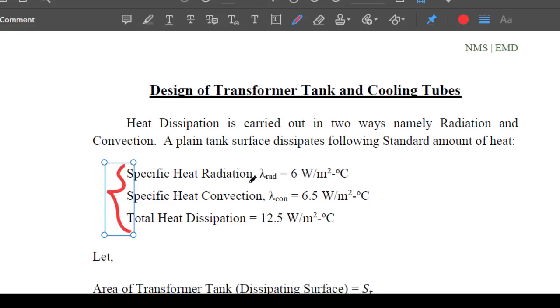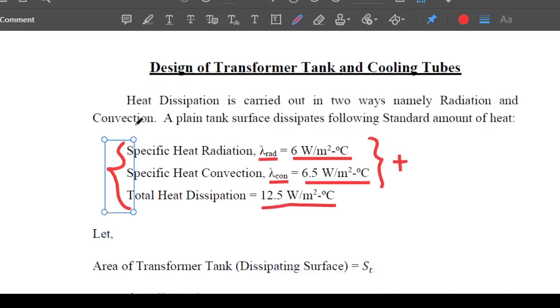Specific heat radiation, that is, the amount of heat dissipated by radiation, has a standard value of 6 watts per meter square degree Celsius, and specific heat convection, lambda con, is equal to 6.5 watts per meter square degree Celsius. So in general, the total heat dissipation will be 6 plus 6.5, that is 12.5 watts per meter square degree Celsius.